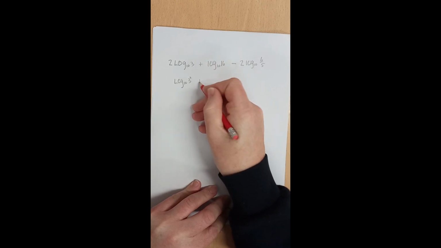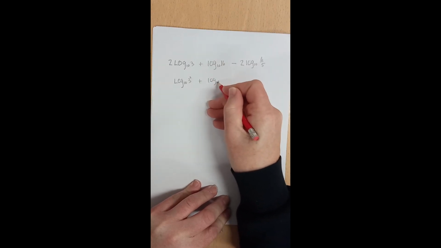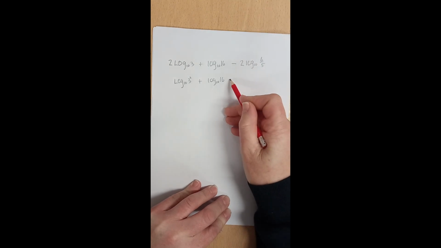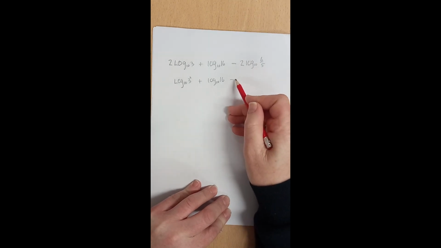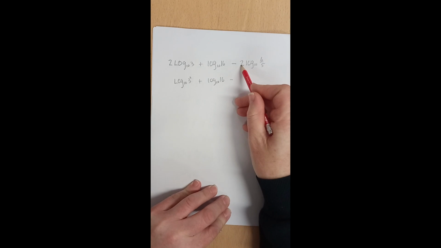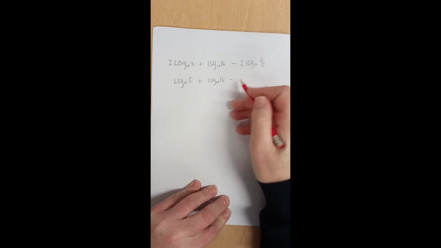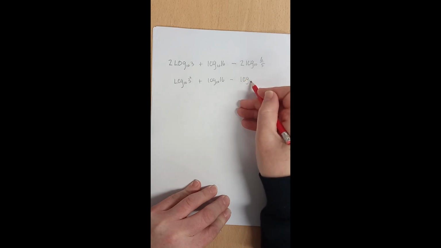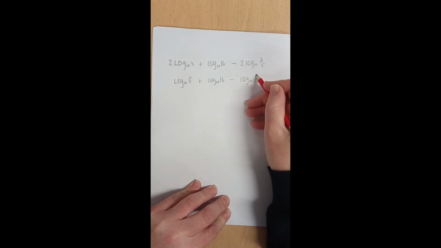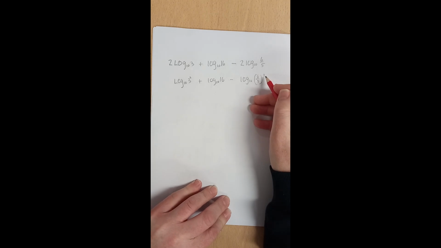Nothing's changed there. Let's leave him. Now, let's see what happened here with this one. So, that 2 used to be a power. So, let's do that then. That's log to the base 10 of 6 over 5 squared. Okay?